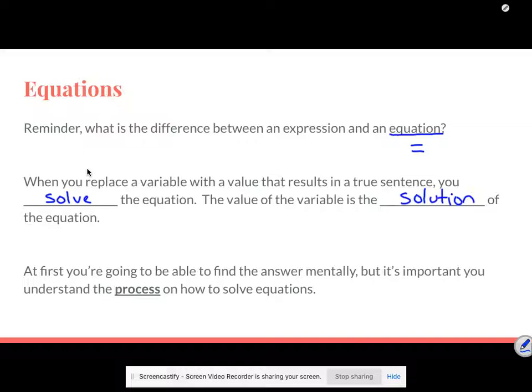But eventually, we're going to get into equations with rational numbers, and you might have negative 1/2 x plus 2/5 equals 4/7. And we're going to need to know, what do I do to solve this problem? Understanding the process is going to be extremely important.